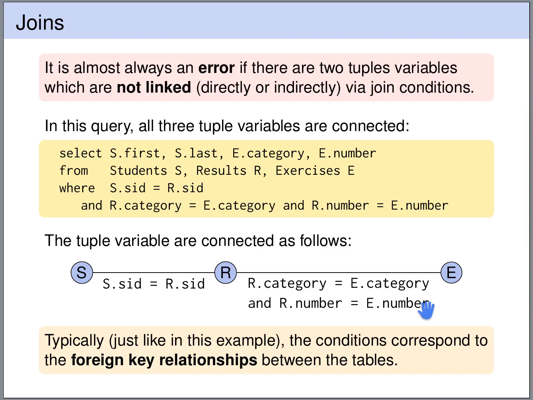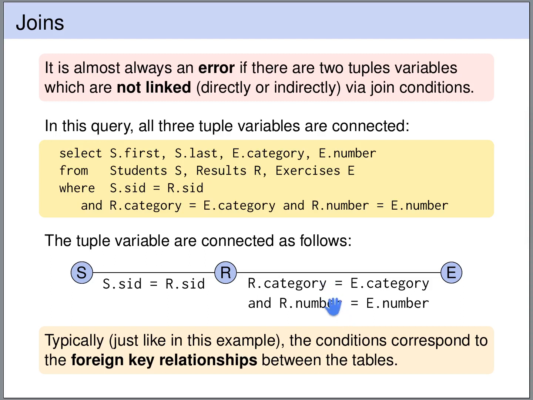And what you see here is that these join conditions usually correspond to the foreign key relationships. So SID is a foreign key in the results table referencing the students table. So this join condition says that the SID of r has to match the SID of the student. Likewise here, this is also a join condition corresponding to a foreign key relationship.